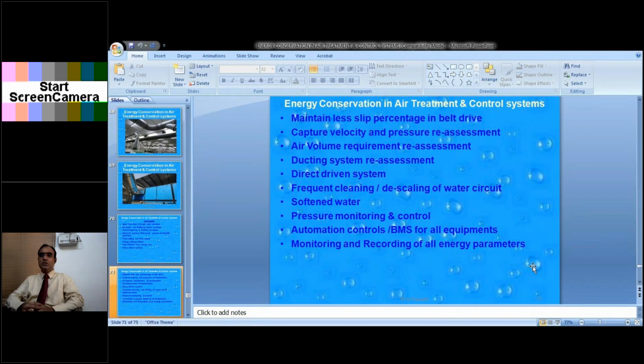Unless we measure, we should not go by their words or the catalog. It may be a universal figure. But if we measure, we know that it is only 2,500 CMH. So with about 10 machines, almost 15,000 CMH is gone. So that is going to be over design.